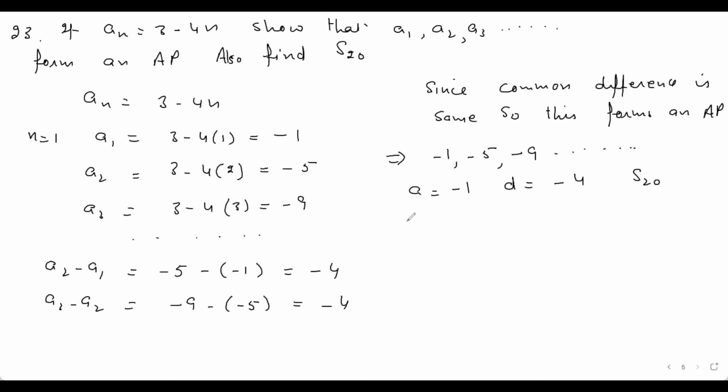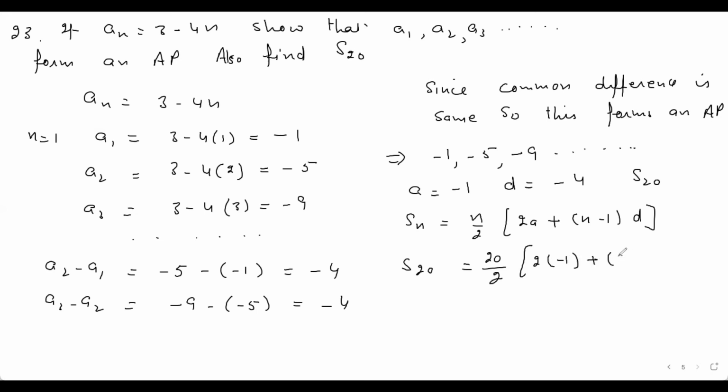So formula for Sn is n by 2, 2a plus n minus 1 d. N is 20, so S20 is equal to 20 by 2, 2 into minus 1 plus 20 minus 1, and d is minus 4.